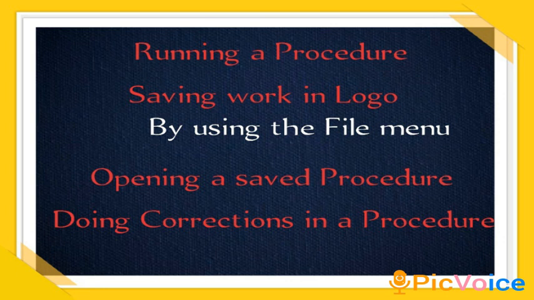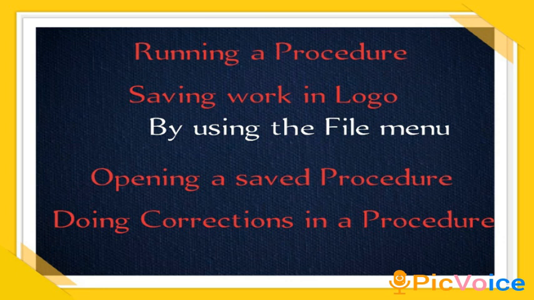Then the save as dialog box will appear. Step 2, mention the location and file name to save the file. Then step 3 is click on the save button and the file will get saved.